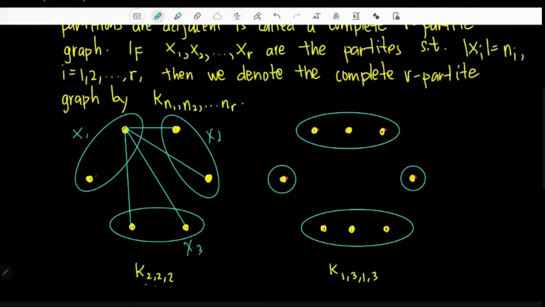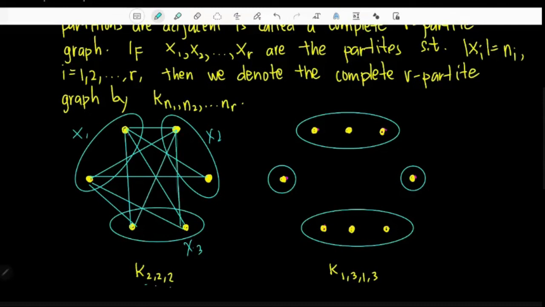Now for the other vertex, we do the same. We connect to every vertex on the other partites. That completes the edges coming from X1. Now from X2, since all the vertices of X2 are connected to all the vertices of X1, all we need to do is to connect it to X3.